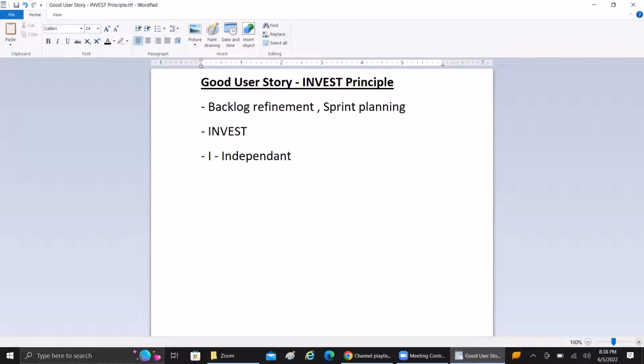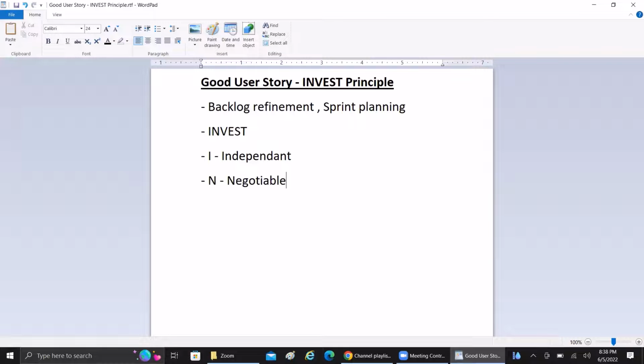Then the second one is N. Under INVEST, N stands for negotiable. If you take any piece of requirement, not everything is likely to be implemented in a positive way. There might be certain challenges, but even after removing certain criteria, that particular requirement can still be implemented easily.